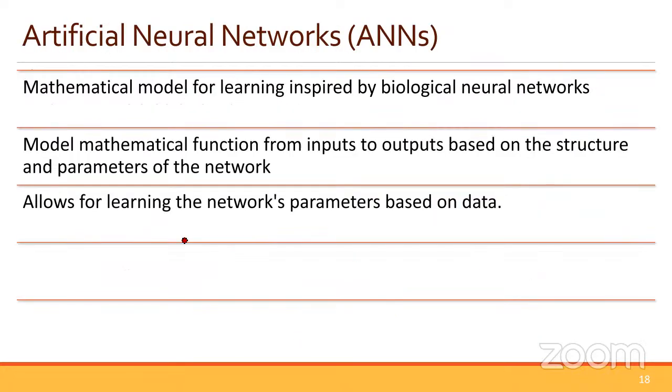The neural network is a very common and very famous machine learning technique. It has a lot of applications in the oil industry and other industries. It allows the network to learn by updating the parameters of your artificial neural network.